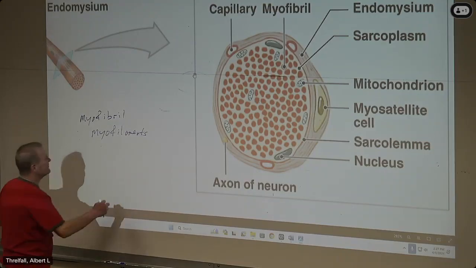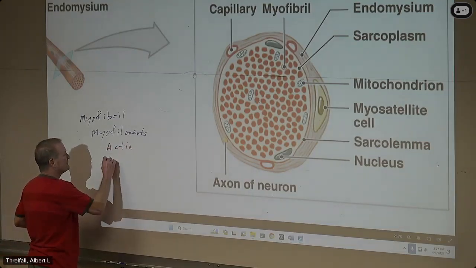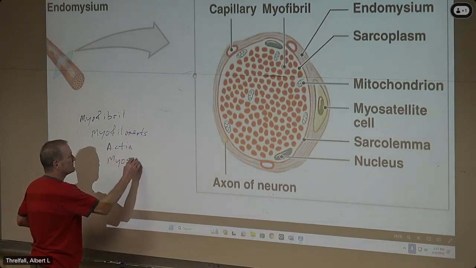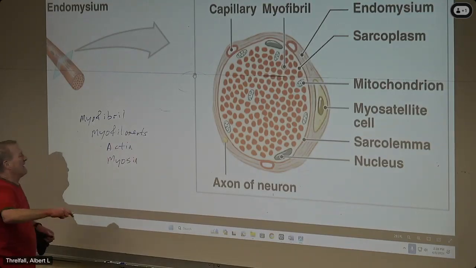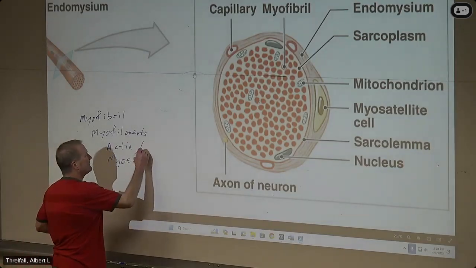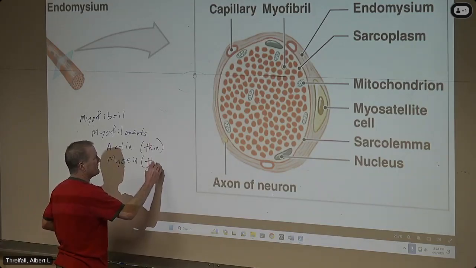All right, there are two myofilaments: actin and myosin. And some of you probably heard of those proteins. You may know them as the contractile proteins of muscles. Actin is thin relative to myosin, which is thick.